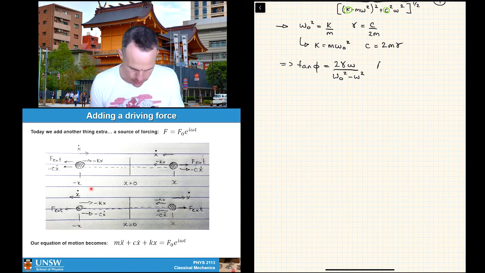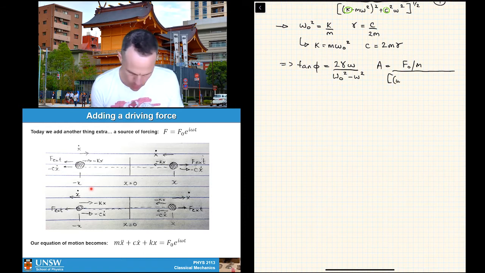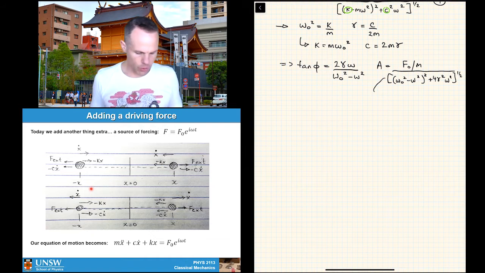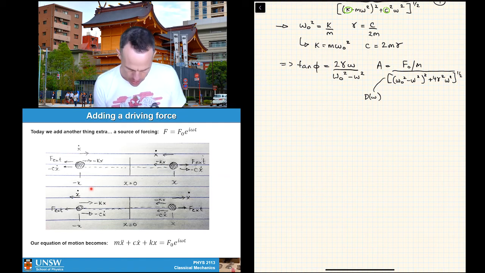And your amplitude becomes f naught on m divided by omega naught squared minus omega squared, squared, plus 4 gamma squared omega squared, to the power of a half. This thing here is something that we often call the resonance denominator. It's often given the term D omega. And so we would write this thing rather simply as f naught on m divided by D omega.